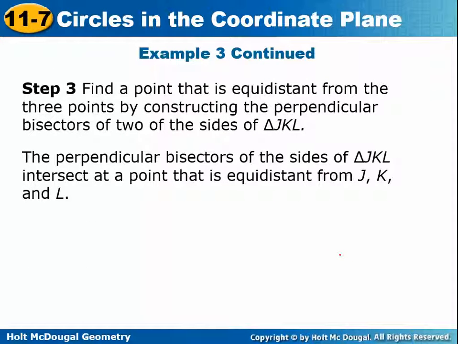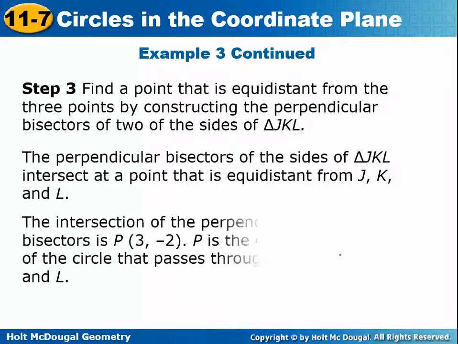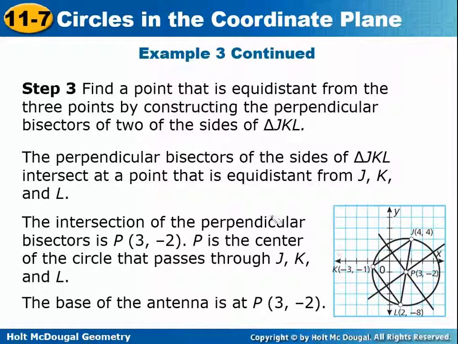The perpendicular bisectors, a point that is equidistant from 3 points by constructing the perpendicular bisectors of 2 of the sides. Now we did this way back when we talked about triangles. Okay, there's the circle. So we have the triangle, the 3 points of the triangle. That's what you have on there.